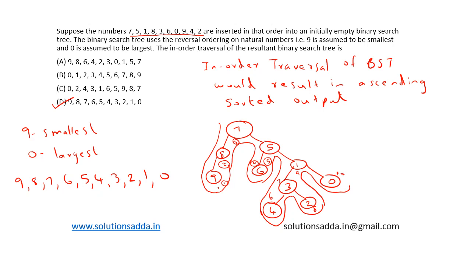So in this order it will be printed 1, 2, 3, 4, 5, 6, 7, 8, 9 and 10. So this order is 9, 8, 7, 6, 5, 4, 3, 2, 1 and 0. So option D is the correct answer here.